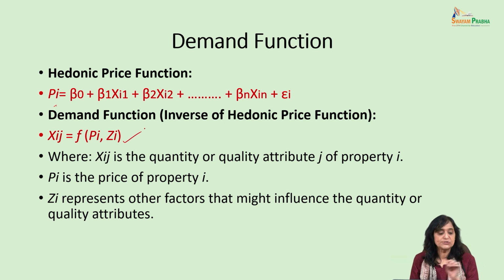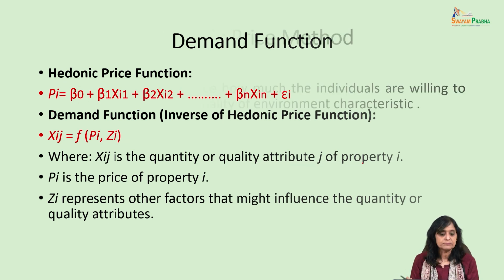Here xij is a function of pi and zi. What is xij? xij is the quantity or quality of the attribute j of property i, pi is the price of property i, and zi represents the other factors which may influence the quantity or the quality attributes. So we are going to derive the demand function by inverting the hedonic price function. Okay.